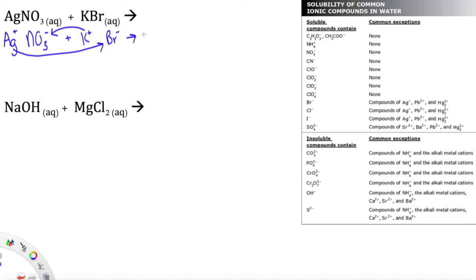So I'm going to go ahead and write my new products. I'm going to end up with silver with a +1 charge. And rather than writing out my formulas, I'm just going to list the ions with their new partners. One mistake that I see students make a lot is that they just automatically carry over all the subscripts, and that's not necessarily always going to give you the correct answer. When you do that, you want to go ahead and balance your new formulas using their charges.